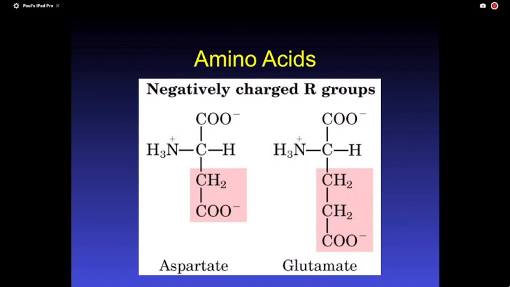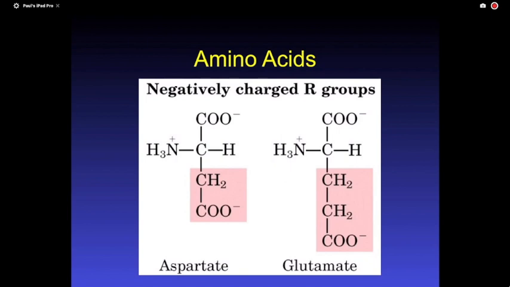The solution is so basic compared to the acidic nature of those groups that they're always deprotonated under physiological conditions. So if this side group is exposed to the bloodstream or the cytosol, the pH of the solution will always deprotonate them. And so they are almost exclusively found as negatively charged if exposed to the cytosol.